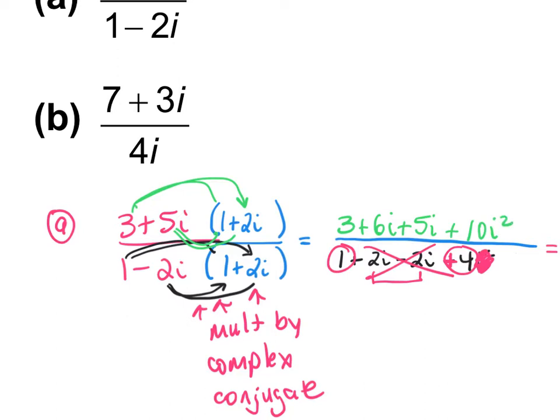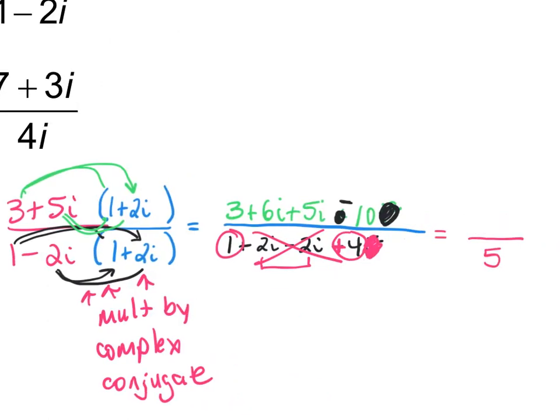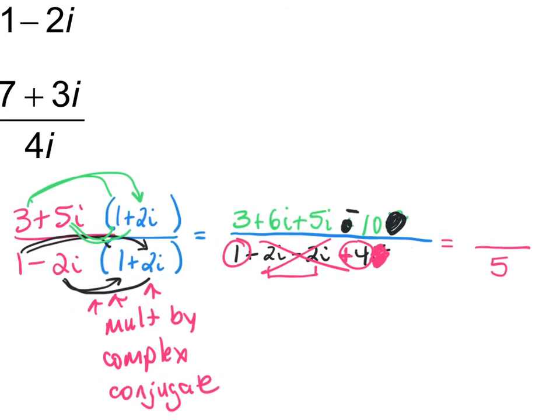As soon as I see i squared, cross it off, change the sign in the front. Every single time you do that, the first number and the last number become real, and then you can combine them. So it's 3 minus 10.